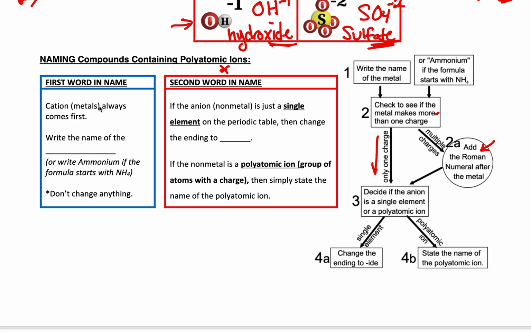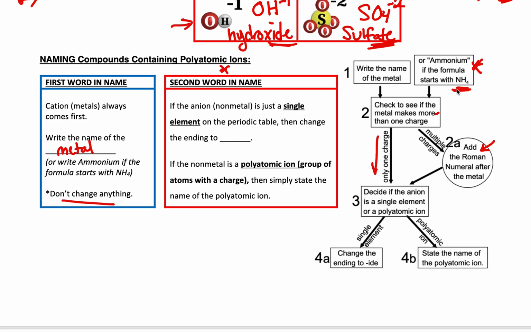Then you get to here. So the first word in the name, the metals always come first. Write the name of the metal. Don't change anything. Now, there's one exception. If the formula starts with NH4, you have to just recognize that.